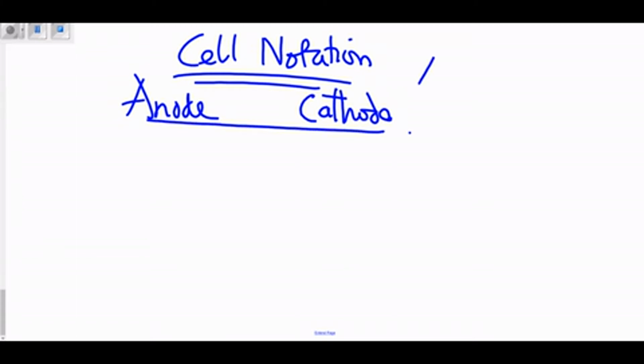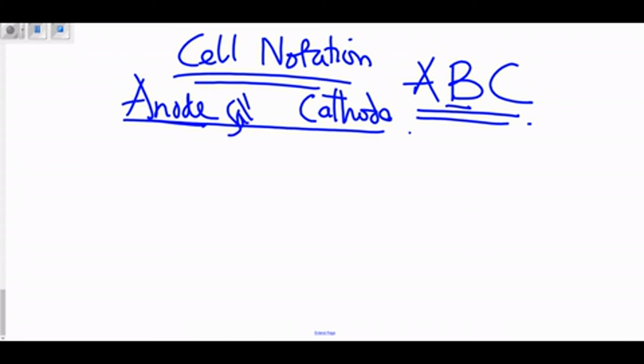It's as simple as A, B, C. A meaning your anode, B represents your salt bridge, so we just use the word bridge, and then C is your cathode. So it's as simple as A, anode, bridge, and cathode.